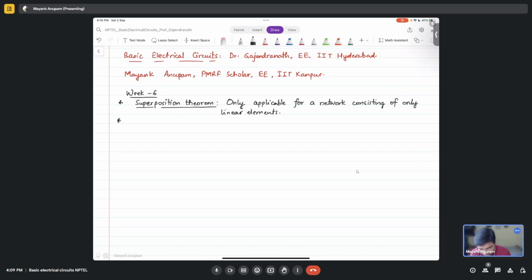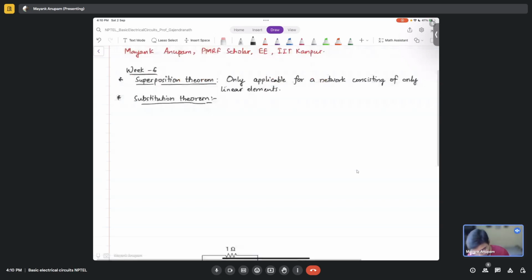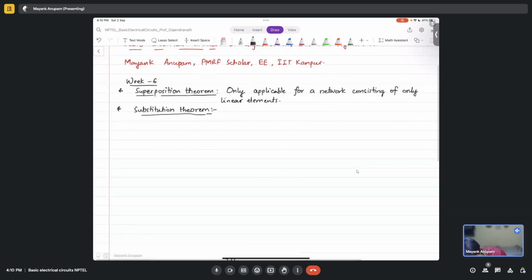What else did we learn? There was the substitution theorem, whose extension we saw. Again, I want to emphasize that it is applicable for any kind of network.